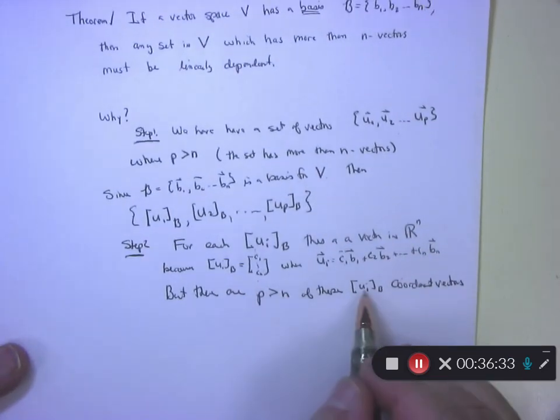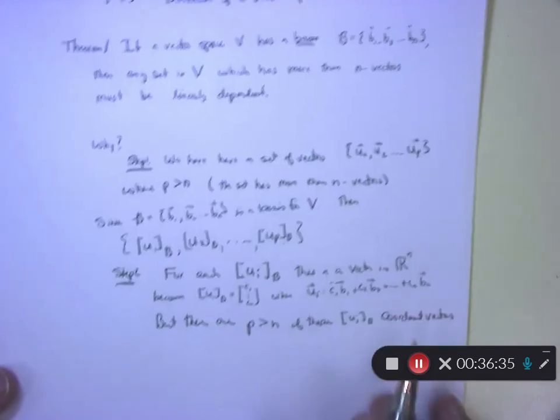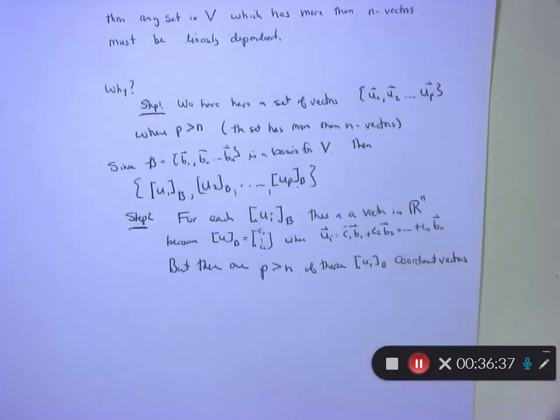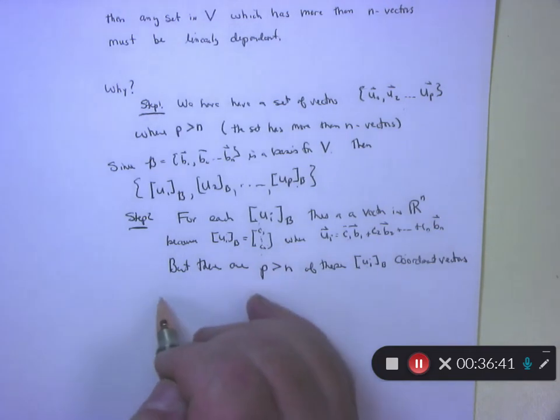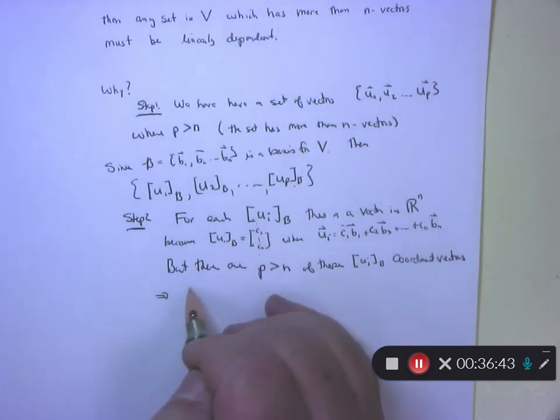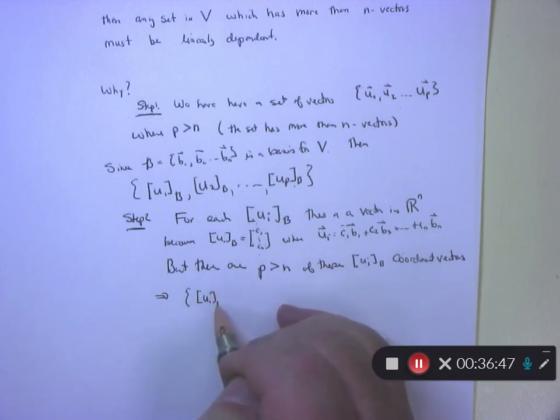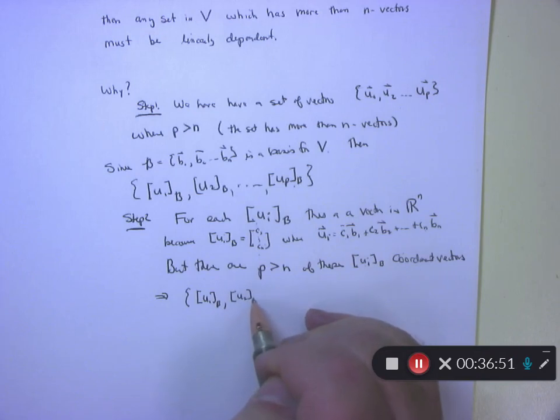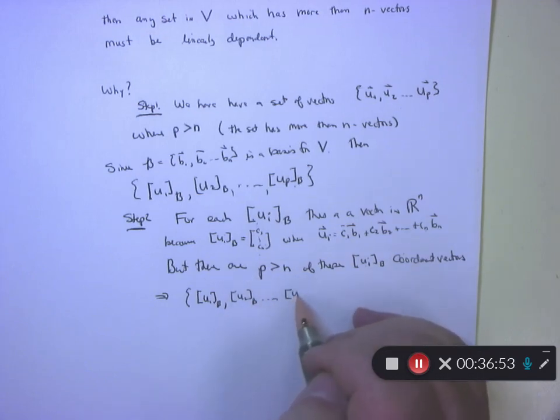There are p of these guys, because all the way out through Up there. Well, what does that imply about U1 beta, U2 beta, out to Up beta?